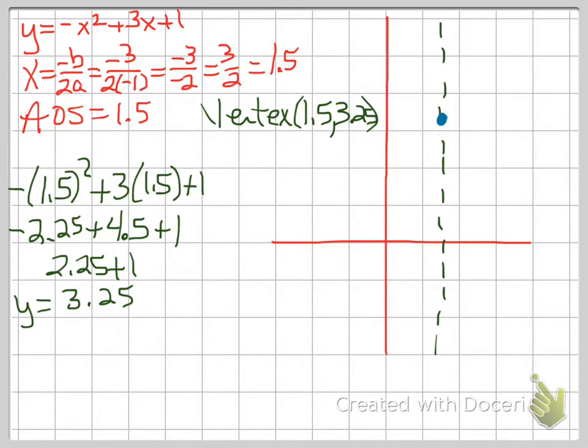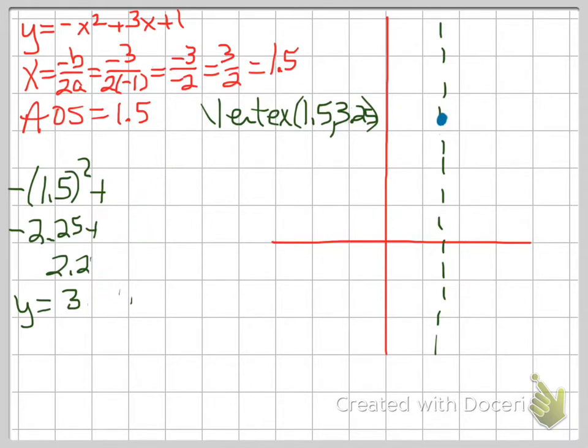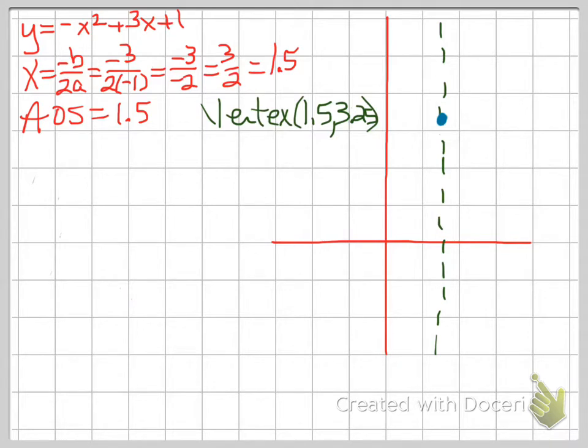Let's come over here, and I'm going to need some room, so I'm going to erase some of this. Alright, we're going to go to 0.5. So I'm going to do negative 0.5 squared plus 3 times 0.5 plus 1.